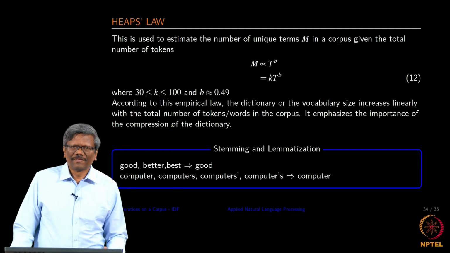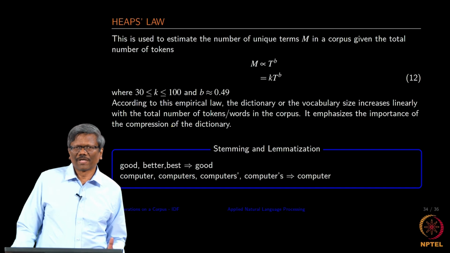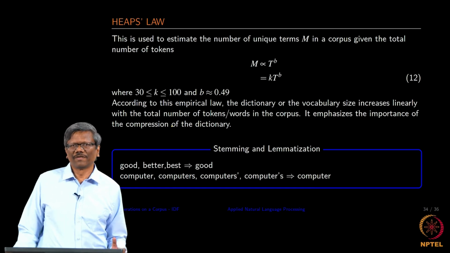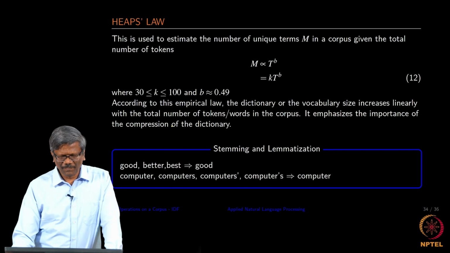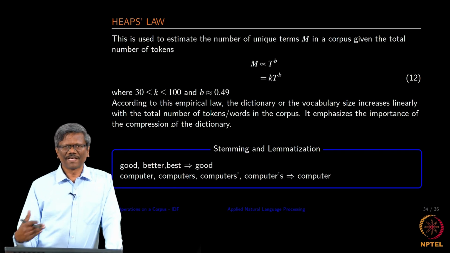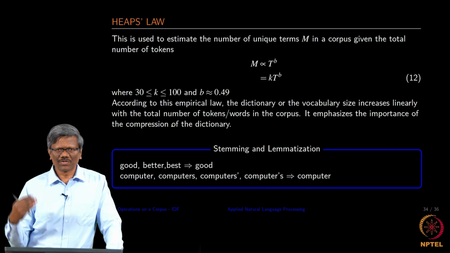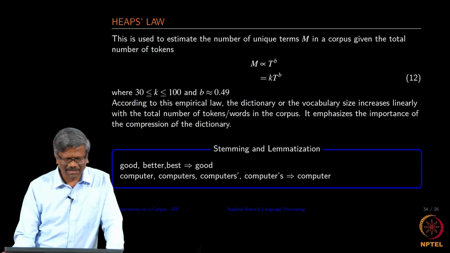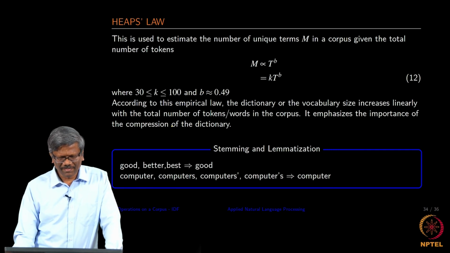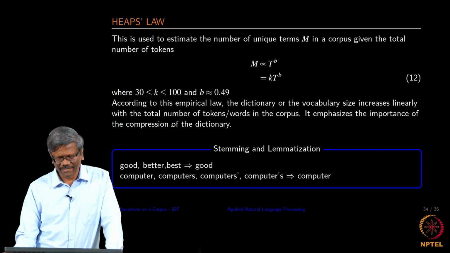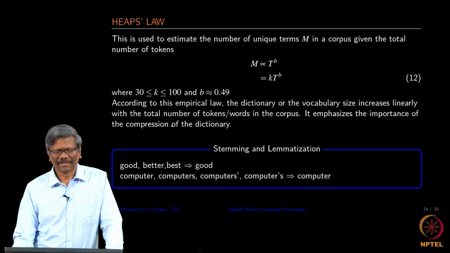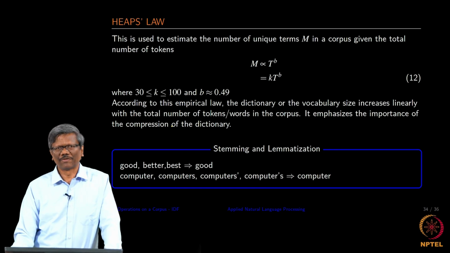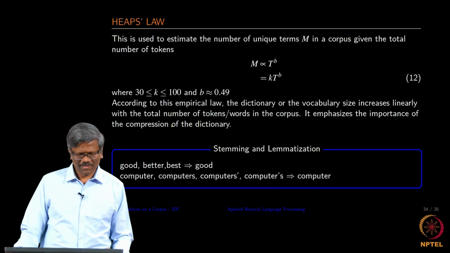So, if you want to compress the size of the vocabulary, you keep only the root of the word and not any other additions to it. This law emphasizes that by reducing those words through stemming and lemmatization, you should be able to reduce the size of the vocabulary, and thereby the representation in memory would be very minimal.